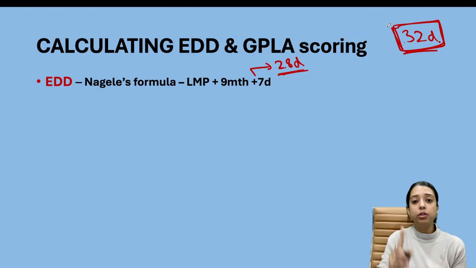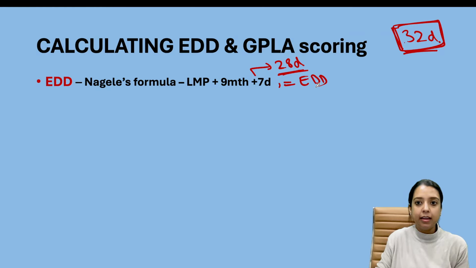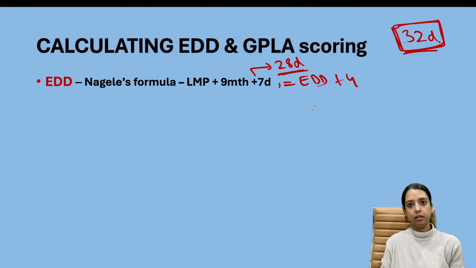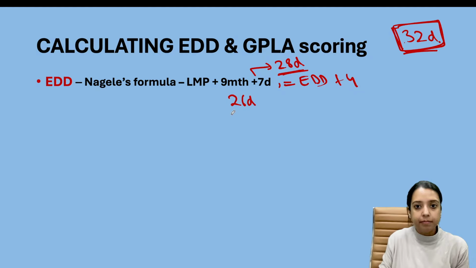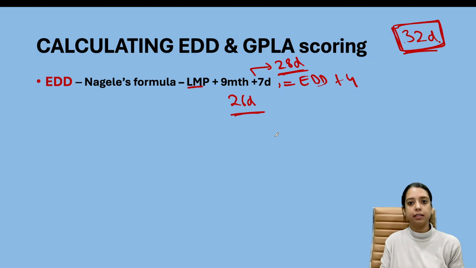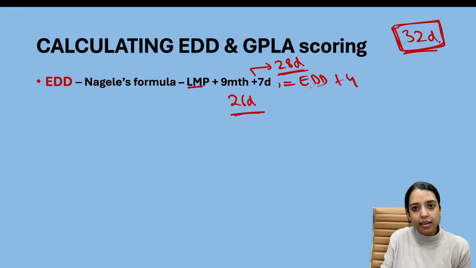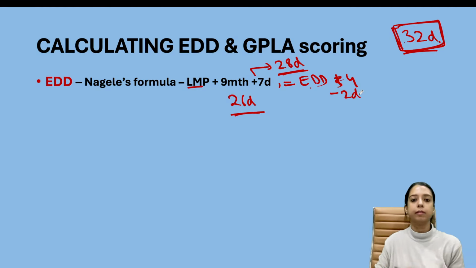In case they give you the menstrual cycle length in the question, how will you change your EDD? Whatever EDD you get from Naegele's formula, you add the extra days. Extra days are 4. Similarly, if the question gives you the EDD of a woman with a 26 day cycle, they give the LMP and say her cycle is 26 days. So when you calculate the EDD, subtract 2 days.